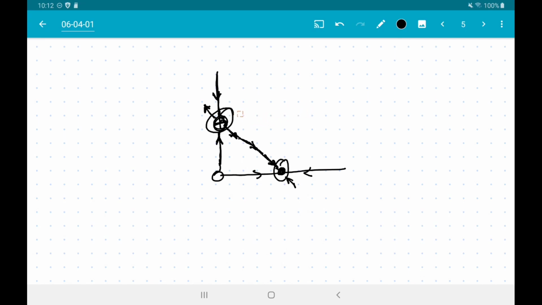There's also such a thing as a homoclinic point, which is one that tends to the same fixed point in forward time and in reverse time, but from different directions. This barrier, so this trajectory that goes from the saddle to the stable fixed point, is what forms the barrier between the trajectories that came from 0, 0 and the trajectories that came from way out here.